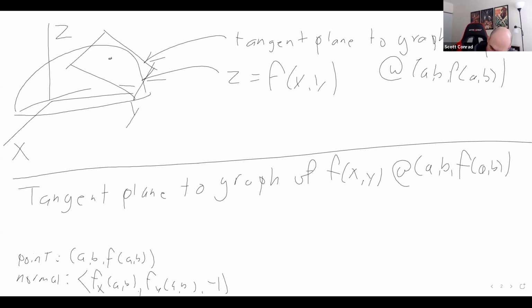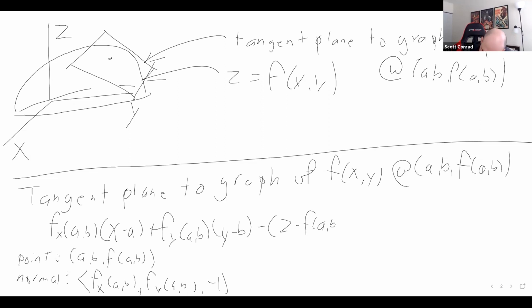And so the equation of our plane, putting this together, is partial with respect to x at (a, b) times (x minus a), plus partial with respect to y at (a, b) times (y minus b), minus 1 times (z minus f(a, b)), equals 0.